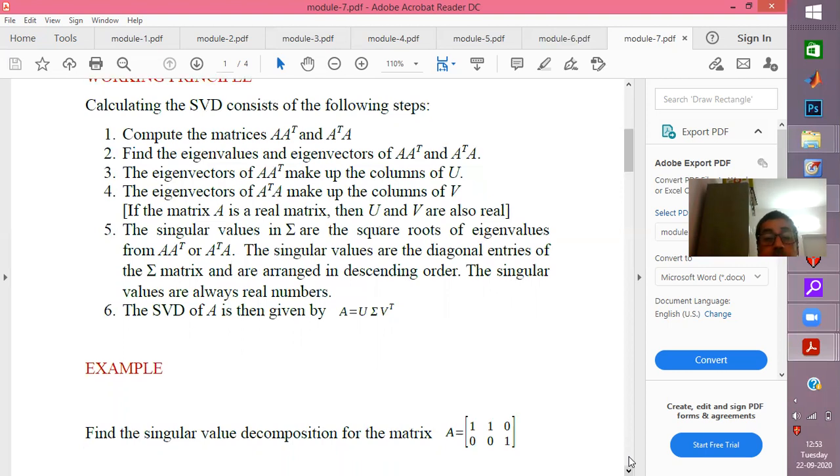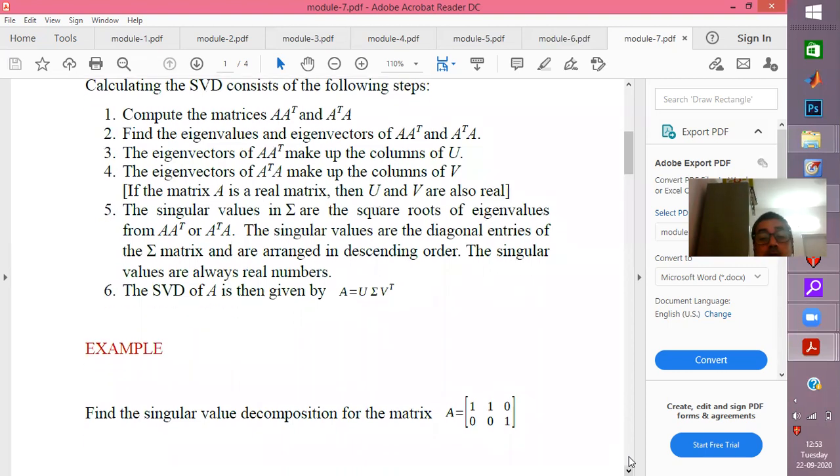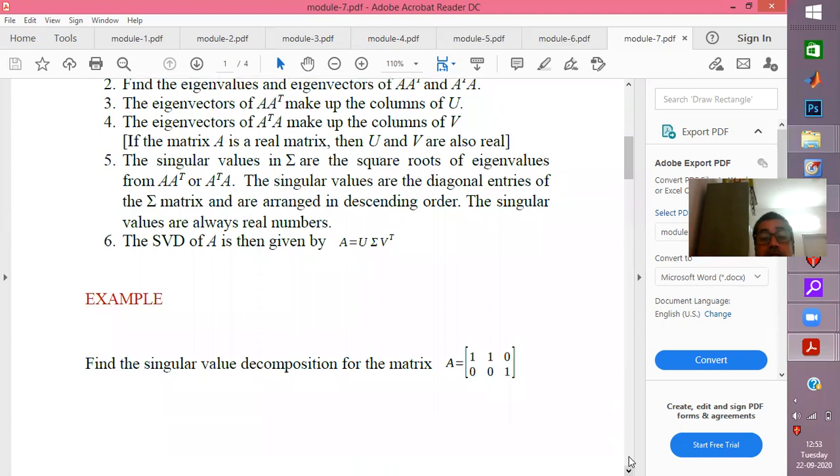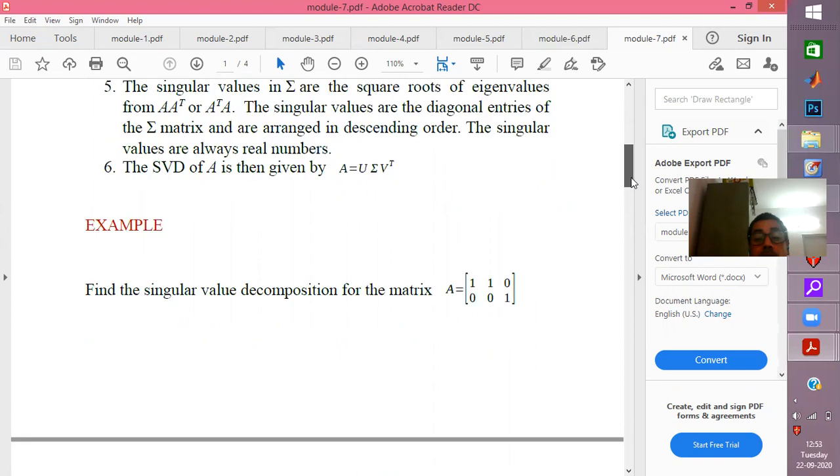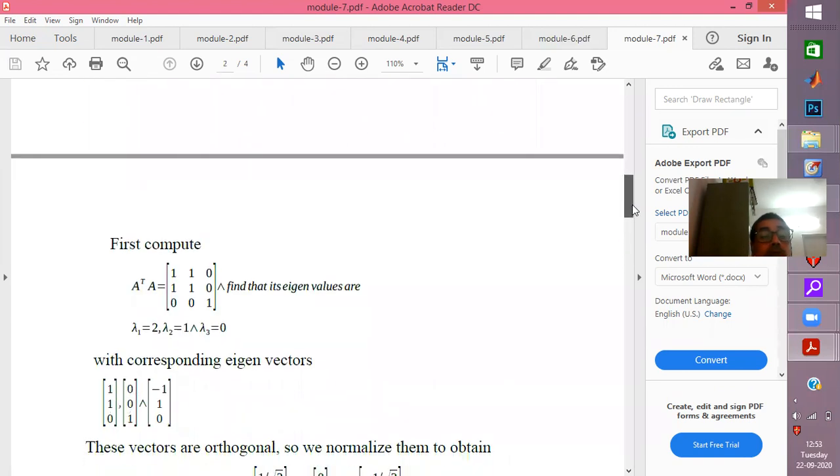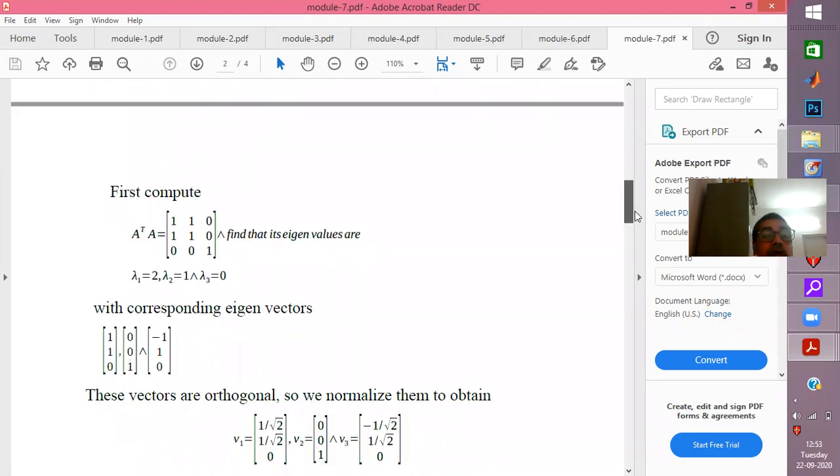Now let us take up a very simple matrix. It's a toy example. A is a 2 by 3 matrix with very simple entries: 1 1 0 and 0 0 1. There are two ways of doing an SVD. First is to separately find A into A transpose and A transpose A, and follow the procedure. Otherwise, I'm giving you an alternative.